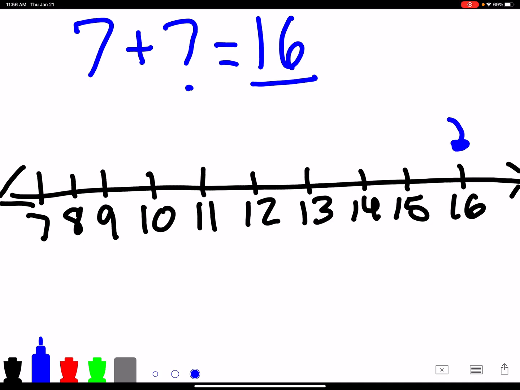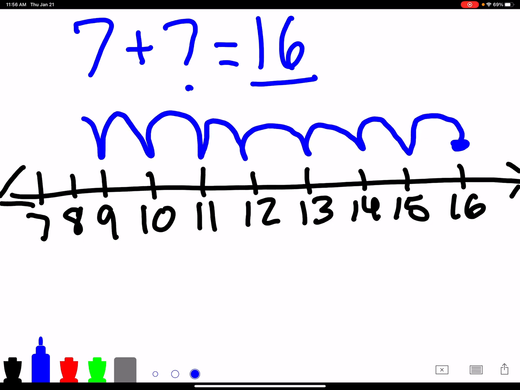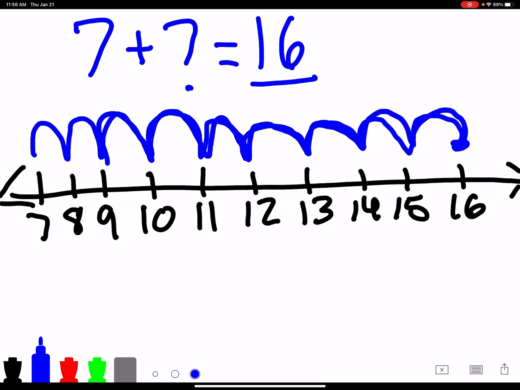We have 1, 2, 3, 4, 5, 6, 7, 8, 9. And like I said, you can count from 7 to 16, or you can count backwards like I did. We have 1, 2, 3, 4, 5, 6, 7, 8, 9. We got the answer 9. 7 plus 9 is 16.